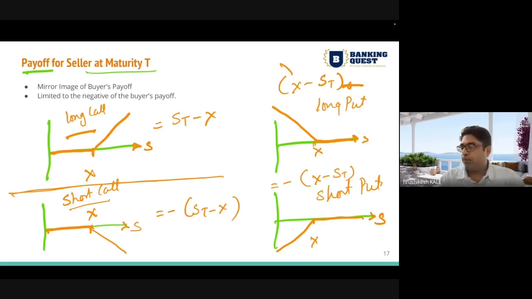So these are the four payoff diagrams. And you must understand how this diagram came. That is important.